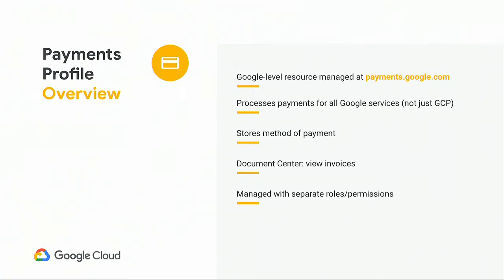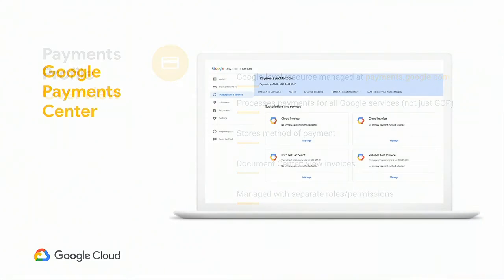If you go to payments.google.com, you will actually see what the payment center looks like. I wanted to include a screenshot because I want you all to be very well aware that the payments profile permissions and notifications are handled completely outside of the GCP console. There are some sections that are iframed into the GCP console, changing certain email preferences, but however, the majority of settings should be handled at payments.google.com.